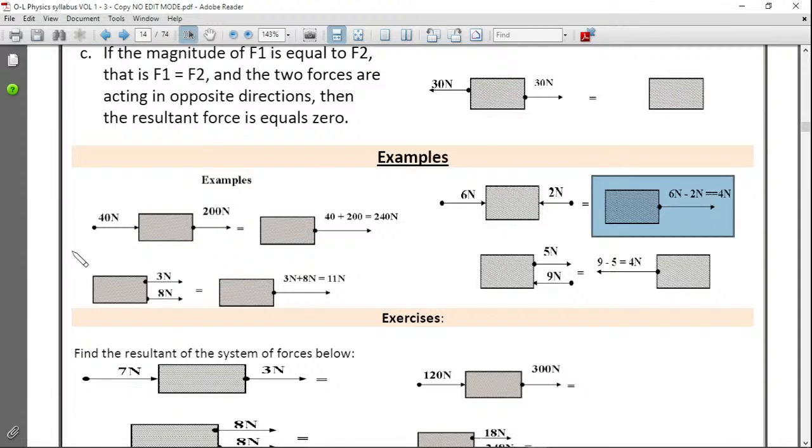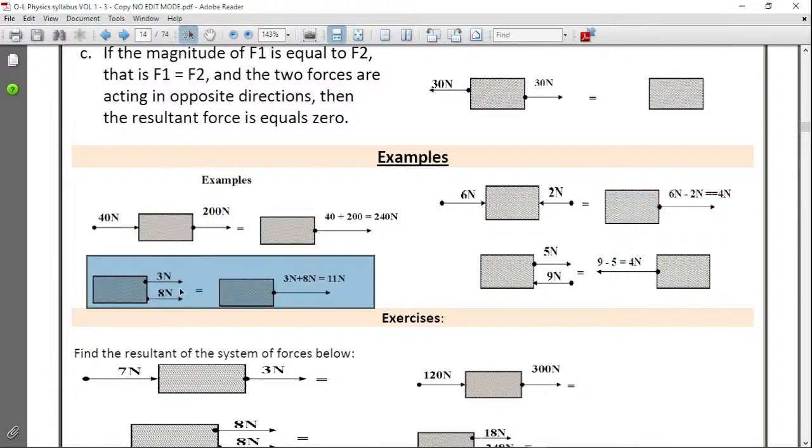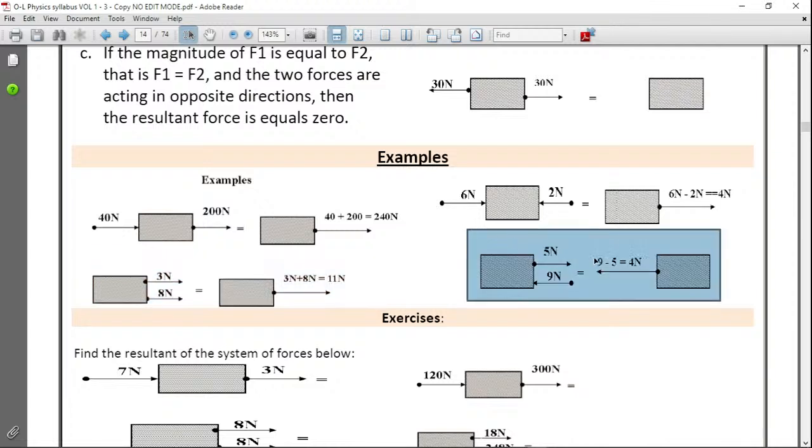Now for this third case, we have two forces acting on the same side of this object, and their directions are also the same. So the resultant will be the sum. While for this case, they are on the same side, but their directions are opposite. So the resultant will be in the direction of the greater force. So the resultant force will be 4 newtons to the left.